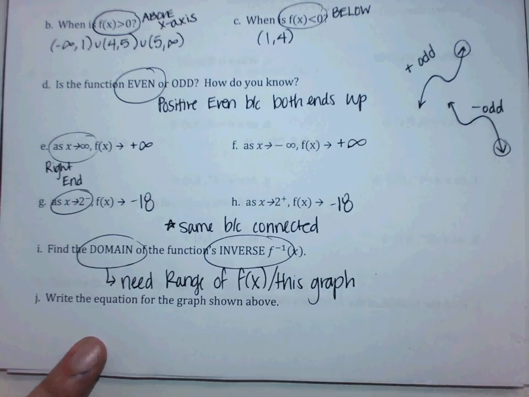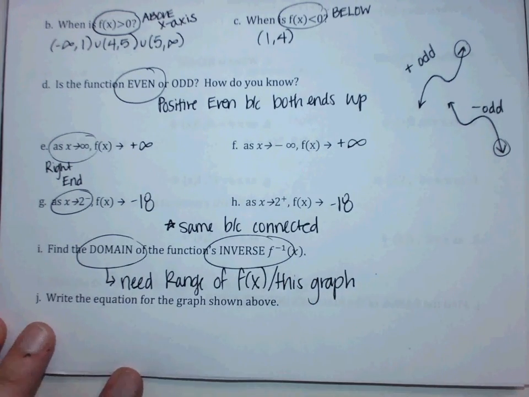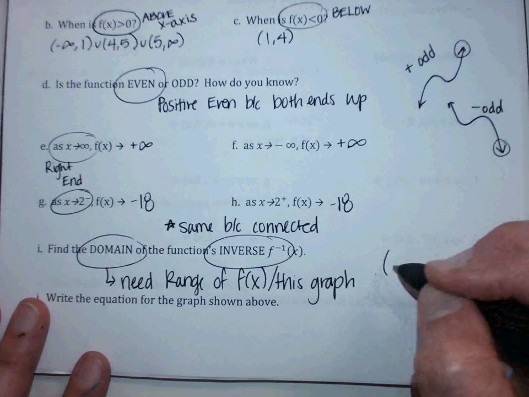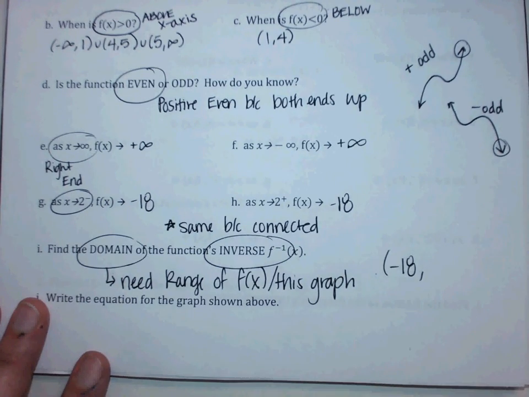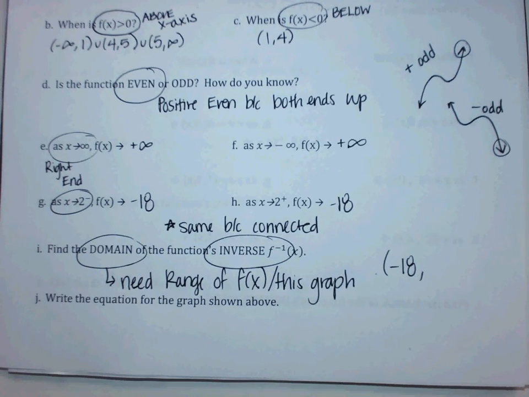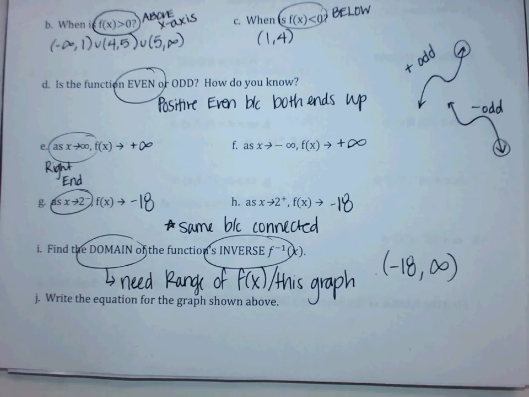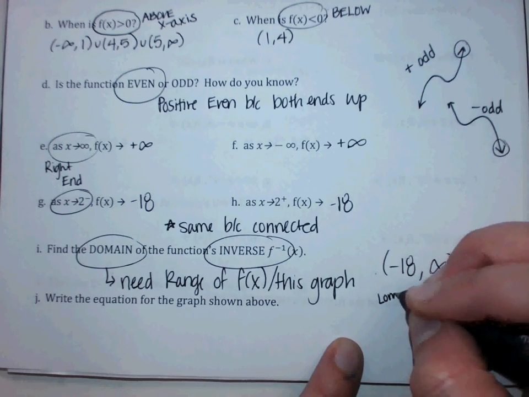Okay, so remember, range, you go lowest to highest. What is the lowest that my graph goes here? How low? Negative 18, and then how high does it go? I got arrows pointed up, so it goes all the way up to infinity. Make sense?